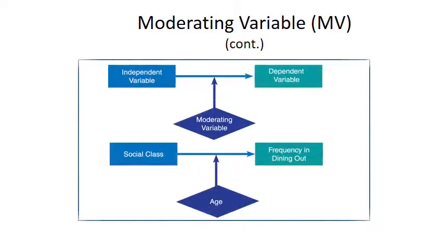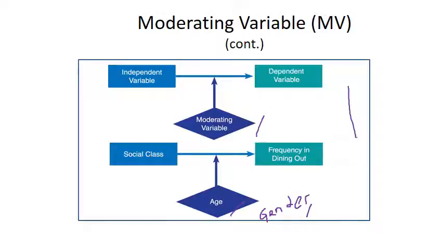Now, the moderating variable can be a continuous variable, or it also can be a categorical variable. So we can also use, for example, gender here, and we say that social class and frequency of dining out is moderated by gender.